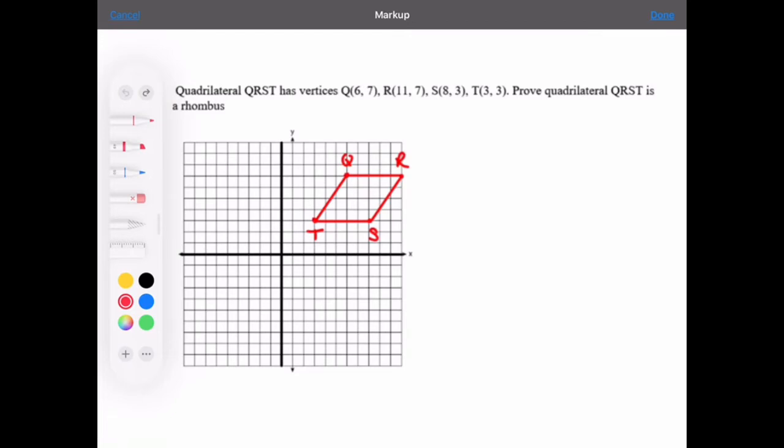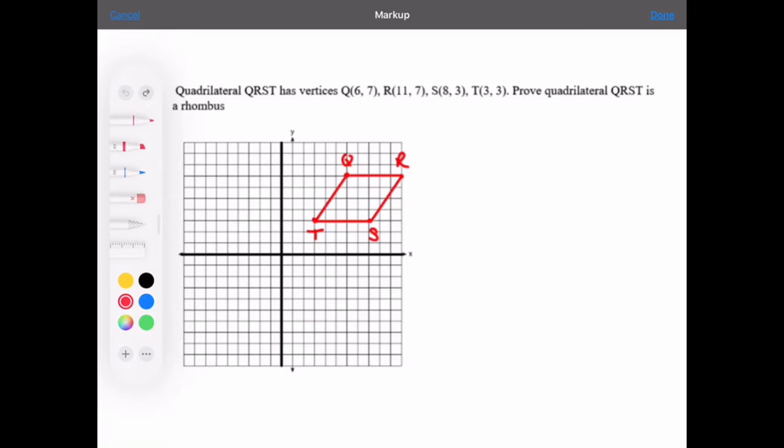Now, usually I would go for the midpoint formula to show that the diagonals bisect each other, but one of our options for proving that something is a parallelogram is to use the distance formula to show that opposite sides are congruent. So already I'm using the distance formula to show that opposite sides are congruent, which is one way to prove a parallelogram, and then to prove a rhombus, I'm using the distance formula again to show that they're all congruent.